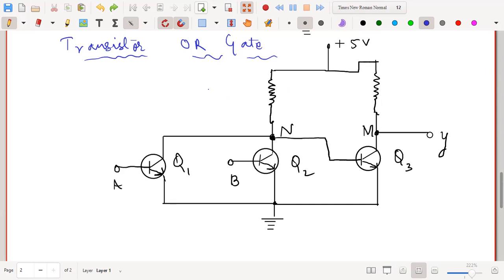But for now, we'll discuss only this OR gate. In the next class, we will try to see the other two gates, that is the AND gate and the NOT gate. Then we will go to the universal gates and some Boolean algebra, and then we will see the arithmetic gate as well.